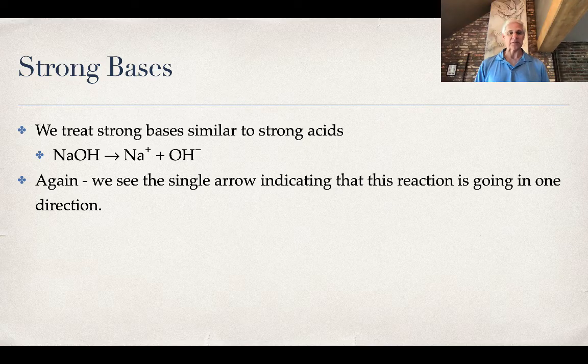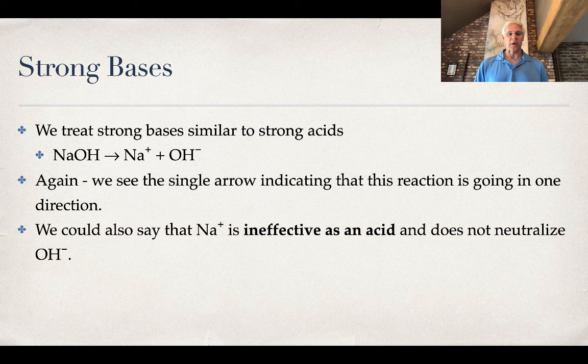And what that means is that we have a conjugate acid and a conjugate base, and the sodium ion there is essentially ineffective as an acid, meaning it doesn't react with the hydroxide in order to go back and form NaOH. So remember, acids react with OH minus to give us water.